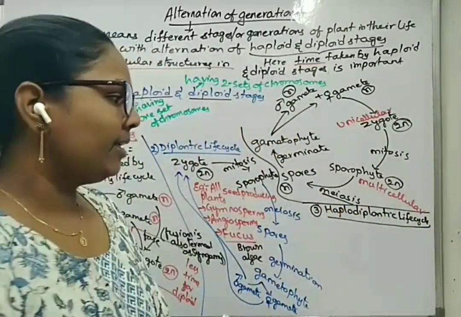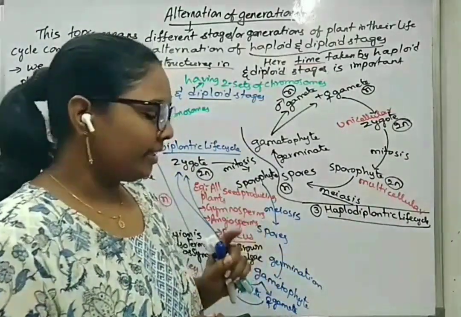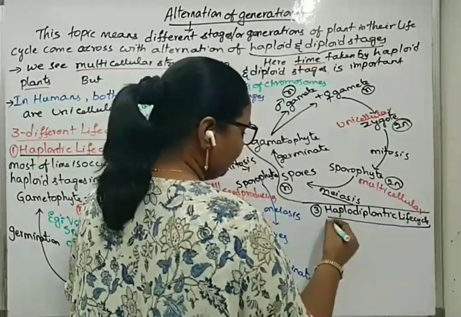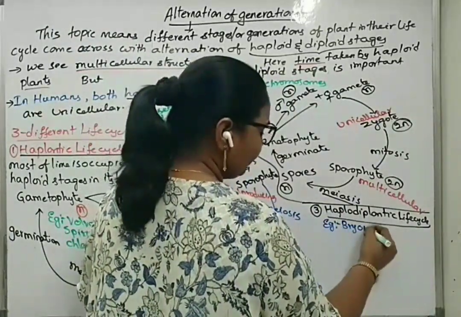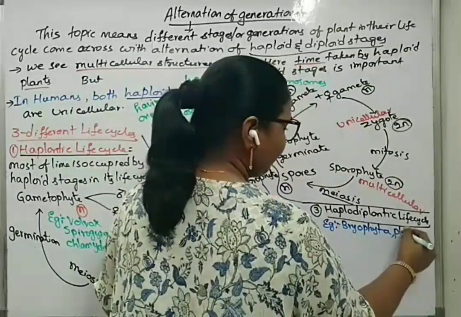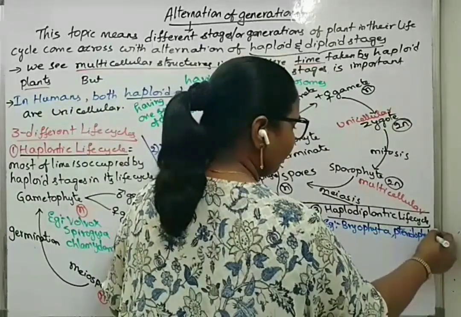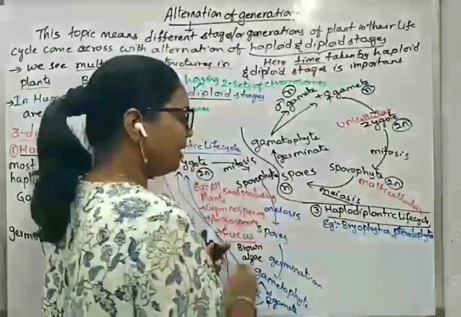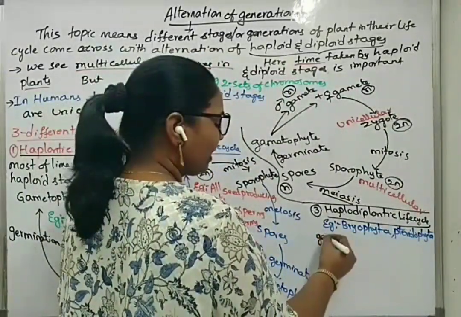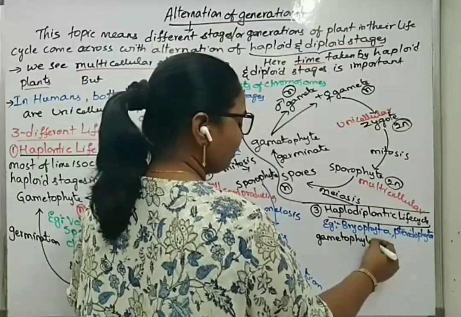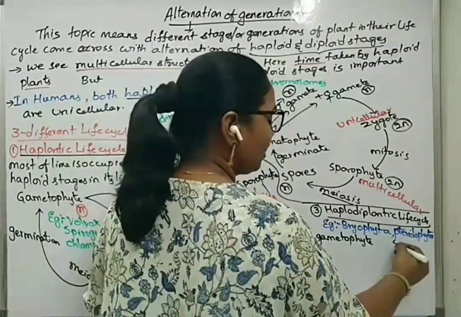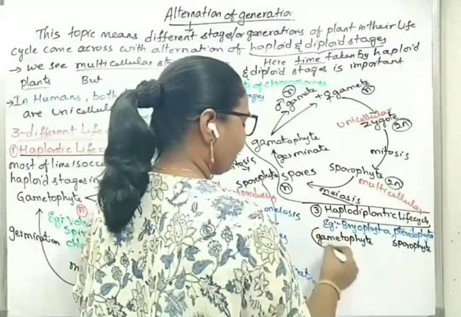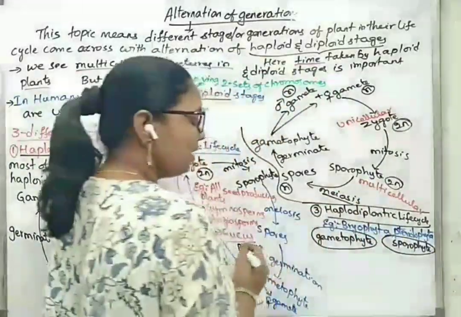Under the haplodiplontic life cycle, we can see examples like bryophyta and pteridophyta. Both are studied under the haplodiploid type of life cycle. In Bryophyta, it starts with the gametophyte stage. In pteridophytes, the dominant plant body is the sporophyte.